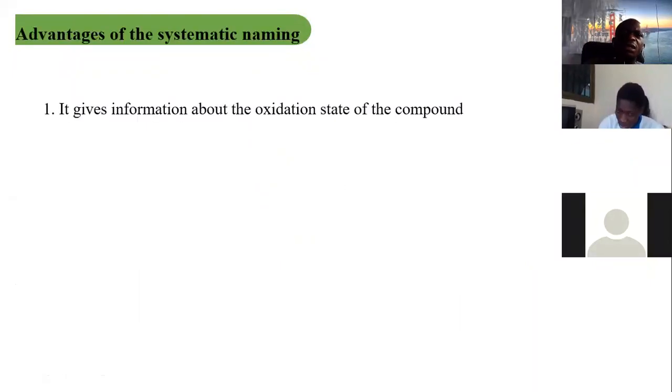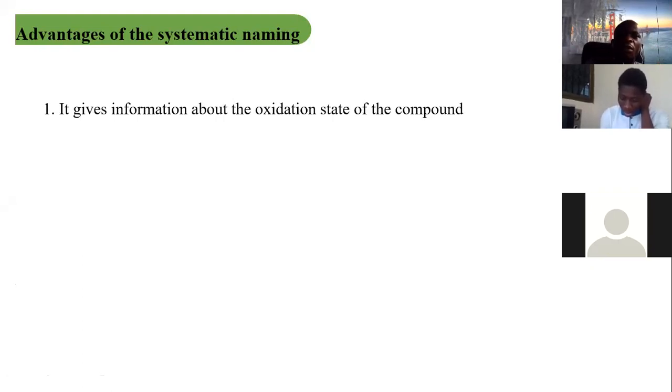Now, this IUPAC system of naming compounds has some advantages. Just like in biology, you talk of classification, compounds needed to be named so that it helps scientists in communication and so forth.